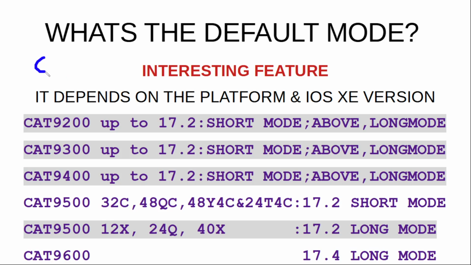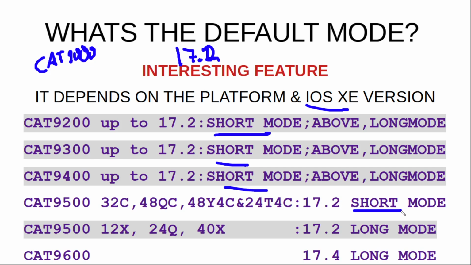In the case of Catalyst 9000, if you have IOS XE up to 17.2, it will use short mode by default. If you go with an operating system higher than 17.2, chances are high that your Catalyst 9000 will use long mode by default.